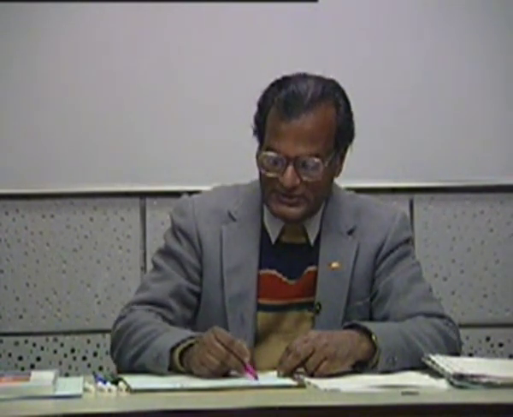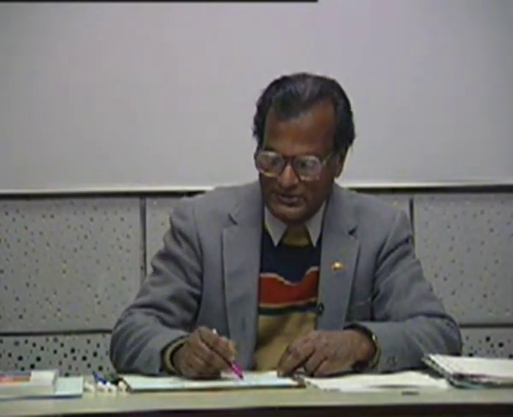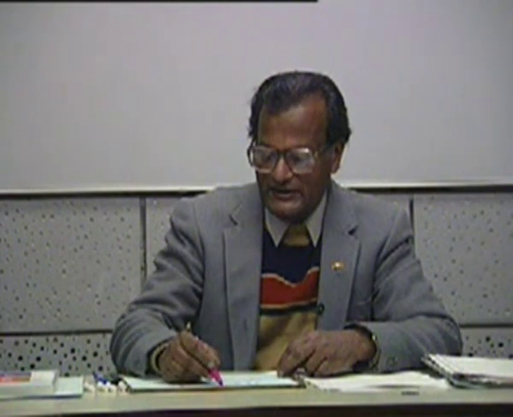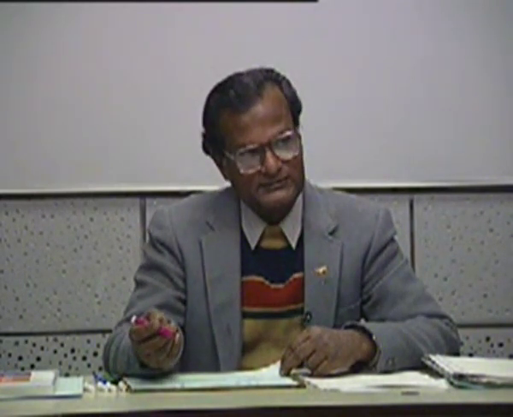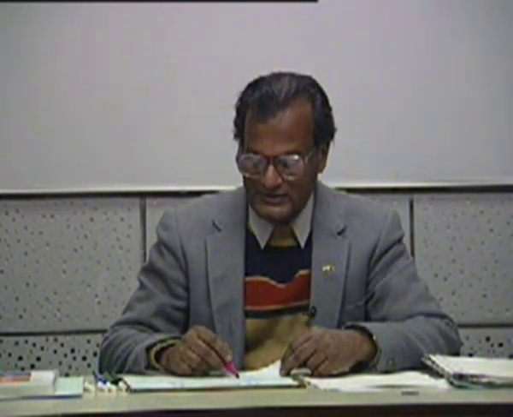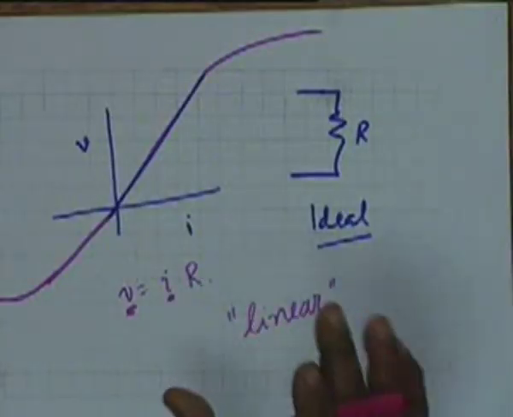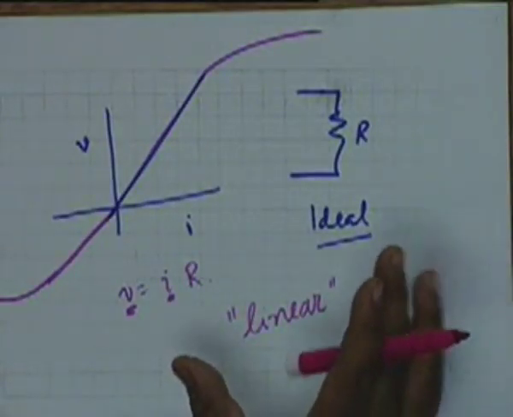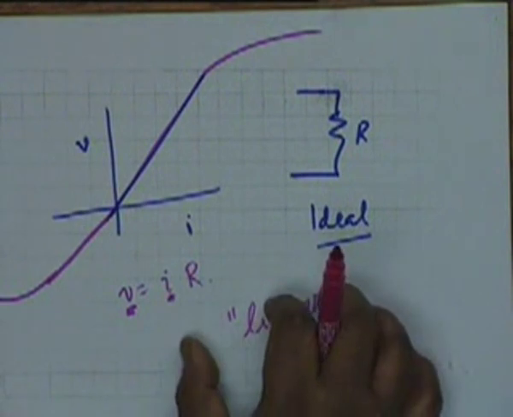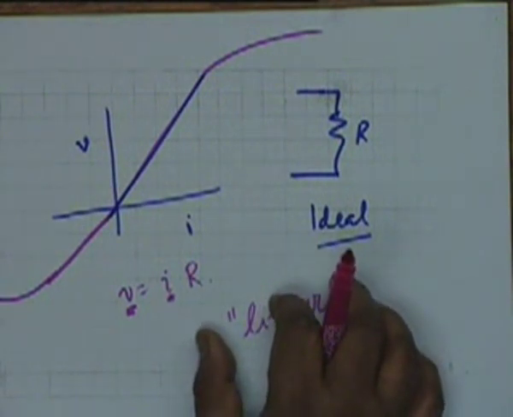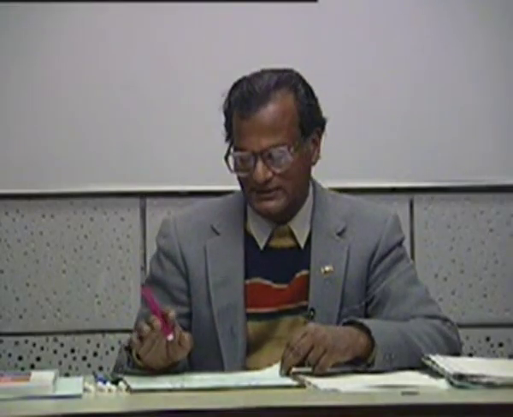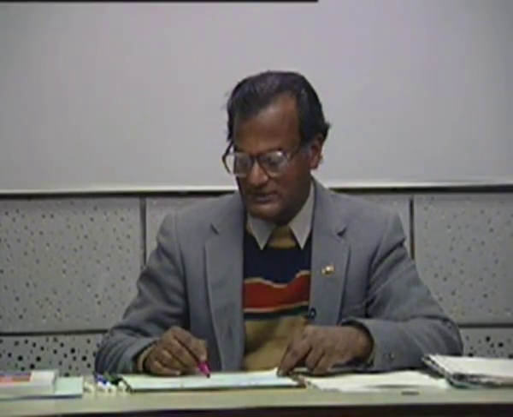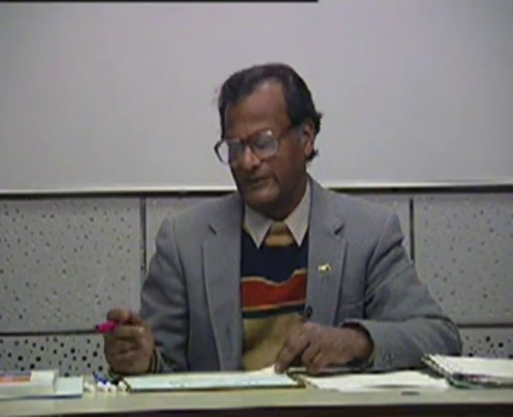It may be such that it obeys Ohm's law for a certain region and then it saturates like this. Such a resistor is called a nonlinear resistor. A resistor in which V is linearly proportional to I is called a linear resistor, and we shall always consider linear resistors in this course unless specified otherwise. We shall also consider nonlinear resistors a little later, but most of the resistors that we consider shall be linear.